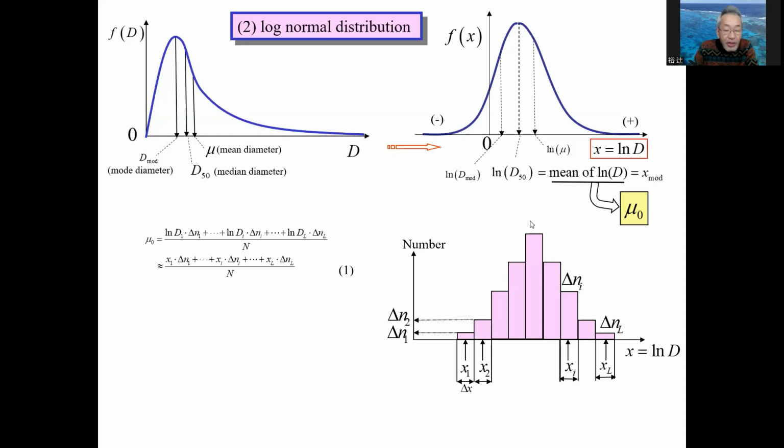Using these assumptions, mu0 can be given by equation 1. I explained in part 1 that delta ni over large N is probability, and dividing delta ni over N by delta x gives probability density as shown in equation 2.